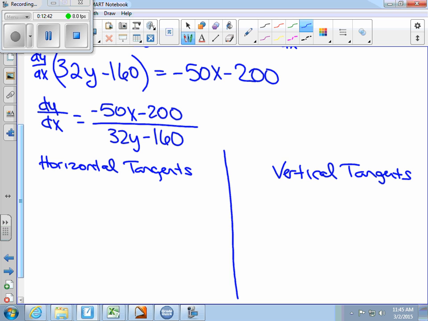Set dy dx equal to 0. So the top equal to 0. When the top equals 0, the whole thing will equal 0. Good so far.